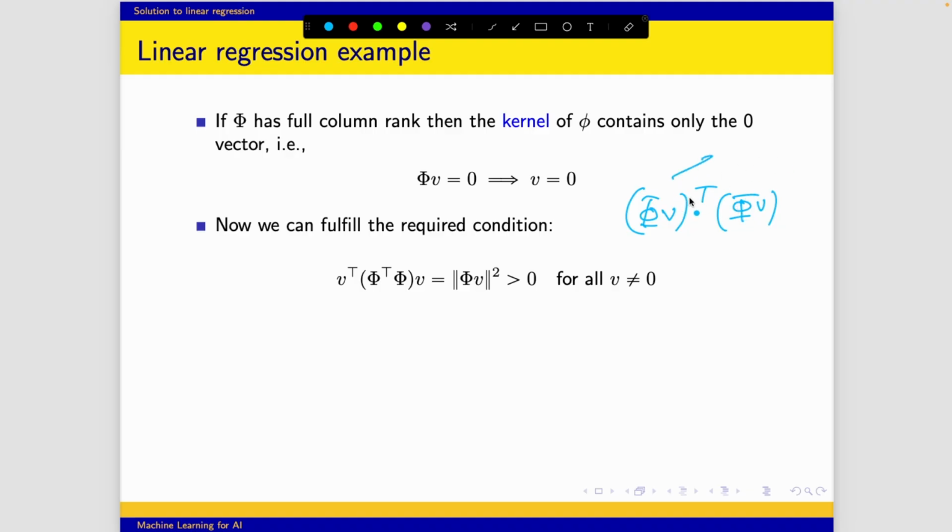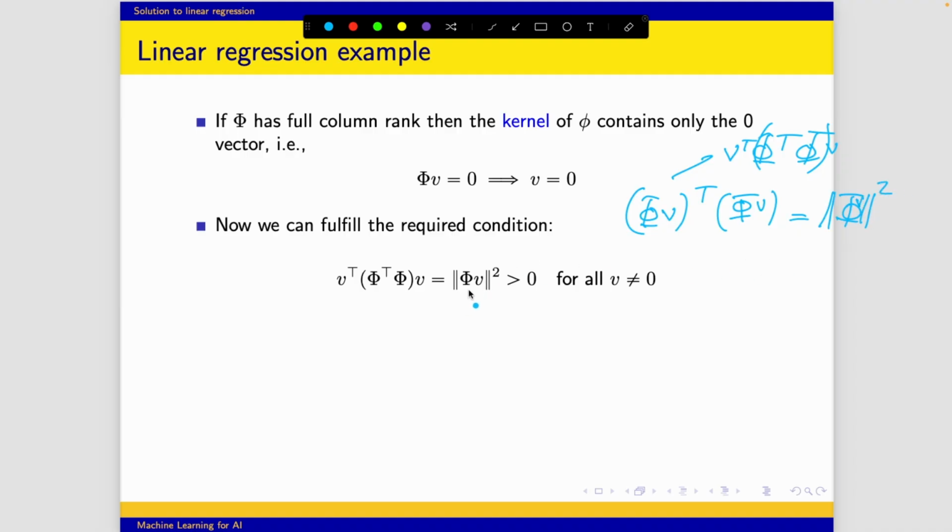Remember, to get this, we swap them around. We put the v first and transpose it, then we put phi and transpose that, multiplied by this, which is precisely our quadratic form here. And this is the 2-norm, the standard norm, of phi v, squared.